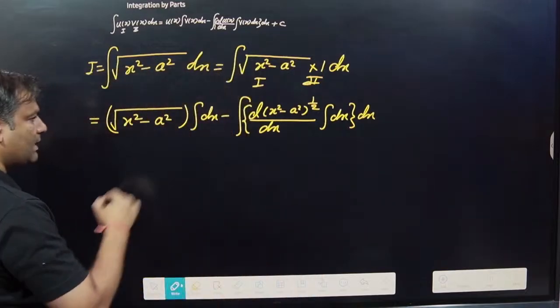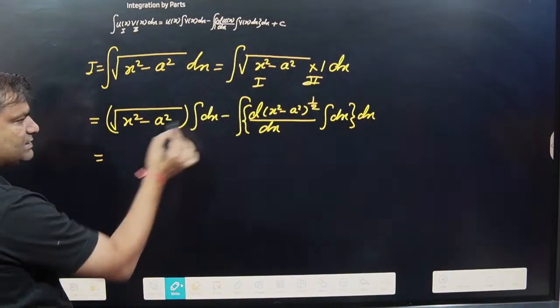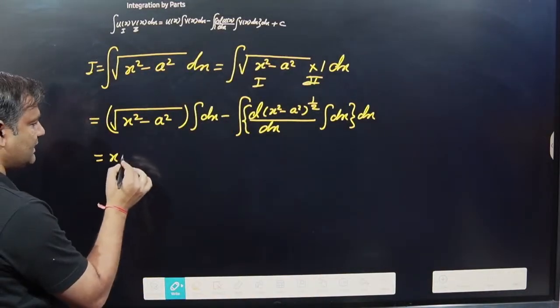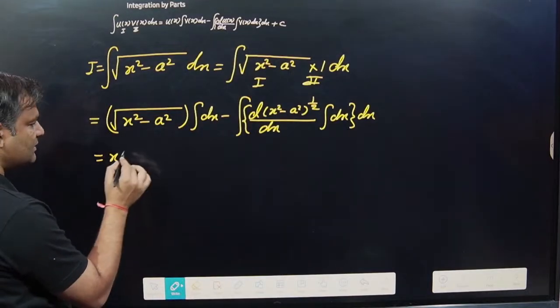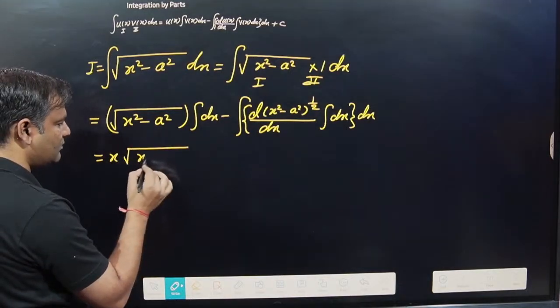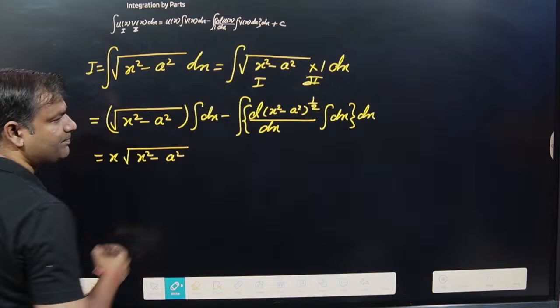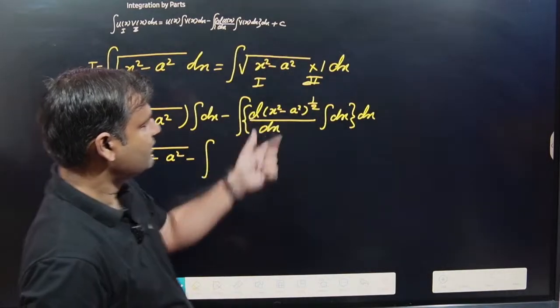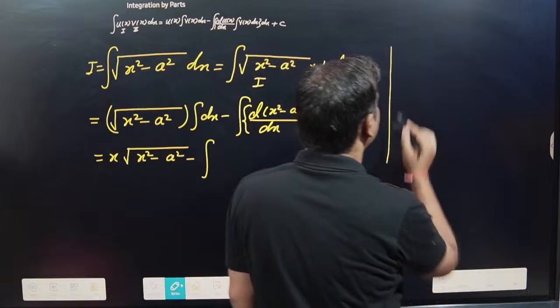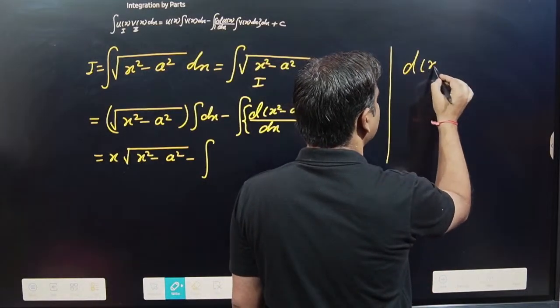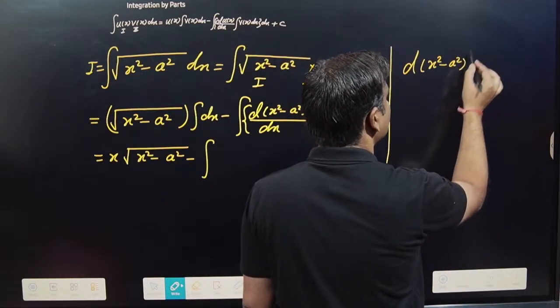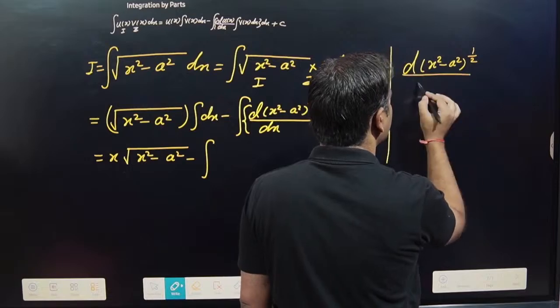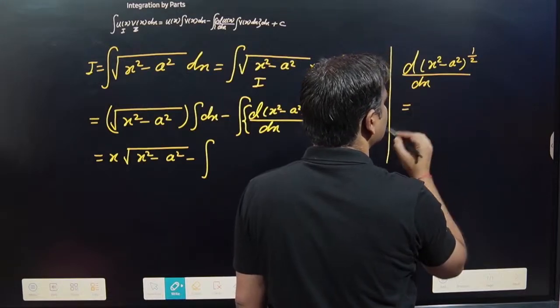Clear. Now look here, integration of dx is how much? Simply x, so x into under root x square minus a square minus, what about the differentiation of this one? Differentiation of x square minus a square to the whole power 1 by 2 dx is how much?